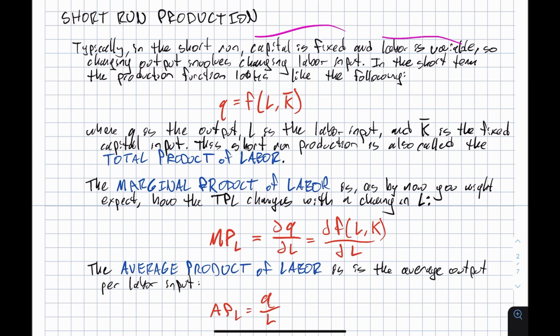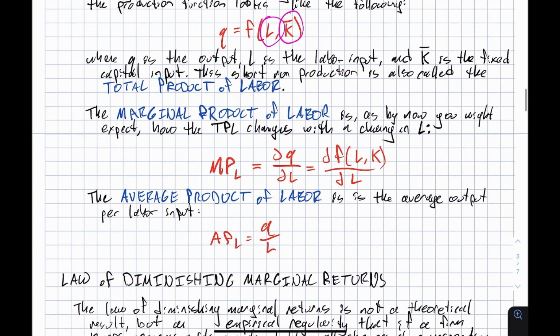We often write our production functions in the short run like this, where we have labor, which is variable, and capital with a bar over top, denoting that it's a fixed quantity. So we have fixed capital input and variable labor input, which gives us the total product of labor.